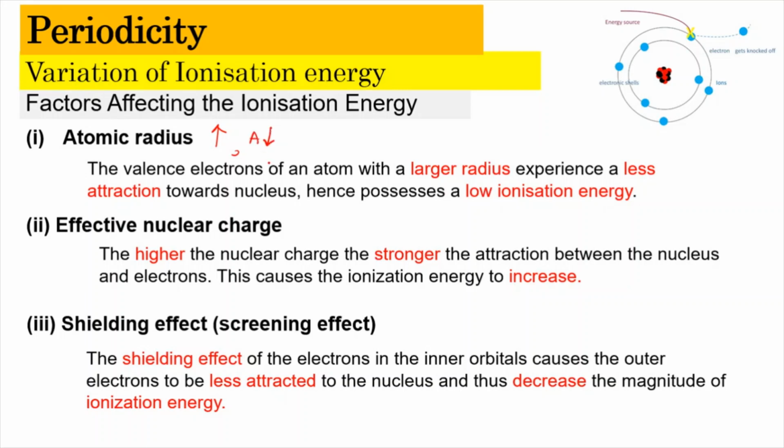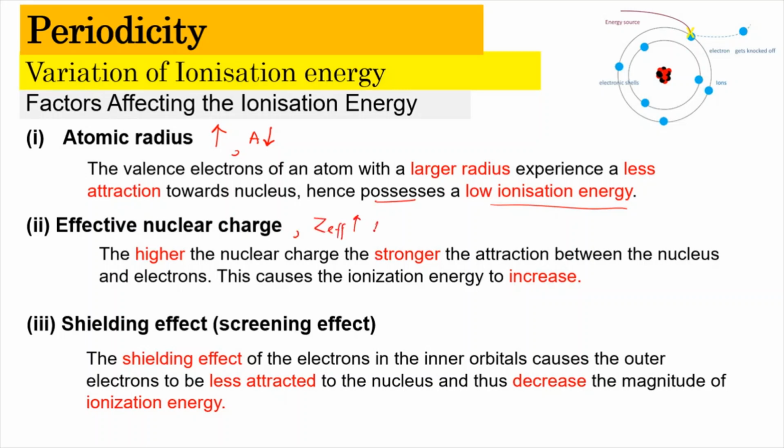So when it has a lower attraction towards the nucleus, it is larger in size, and hence it is easier to remove the electron. So when it is easier to remove the electron, we can say that it's going to possess a lower ionization energy.